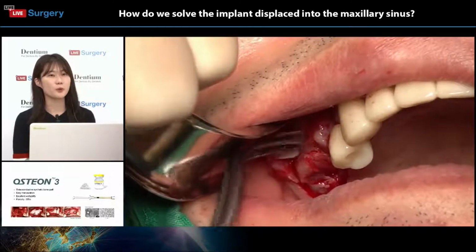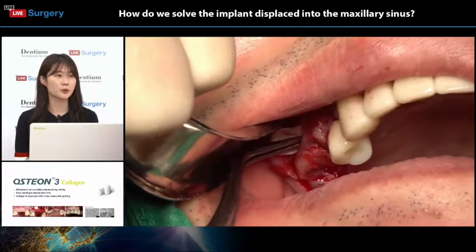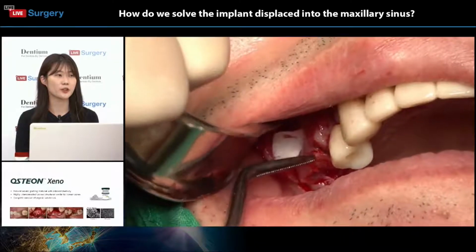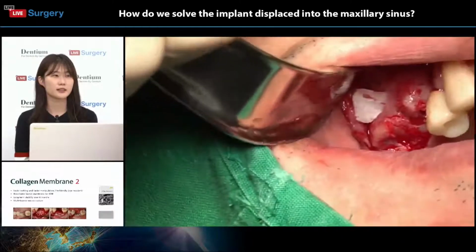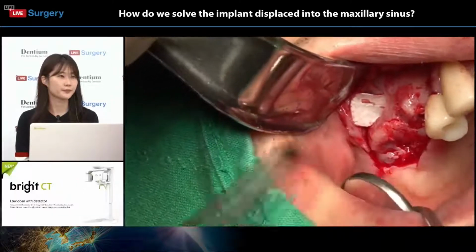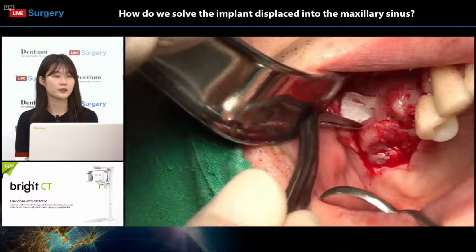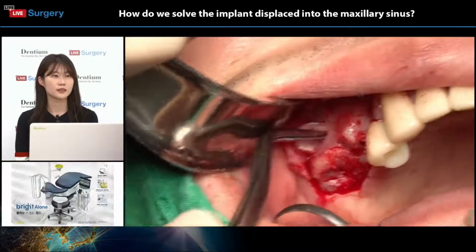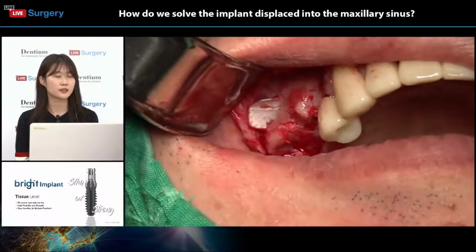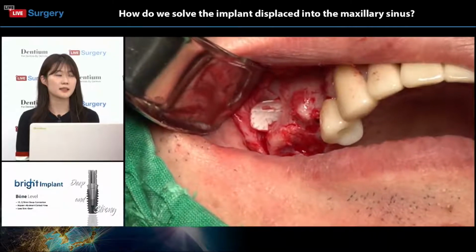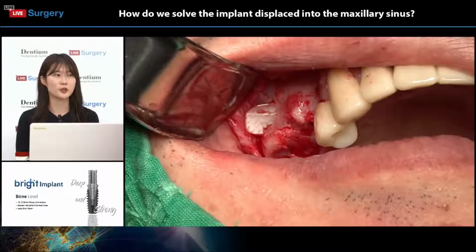As mentioned before, Collagen Membrane 2 boasts good stability over 6 months. And this membrane is a soft type.